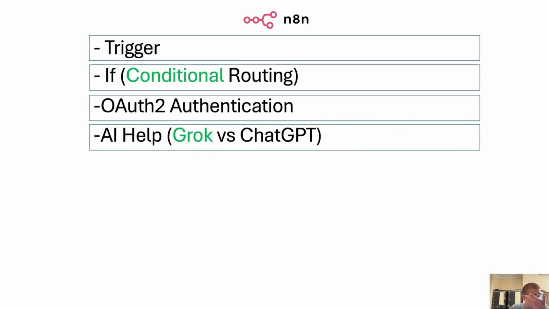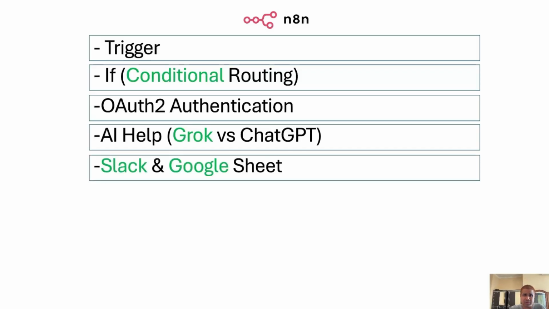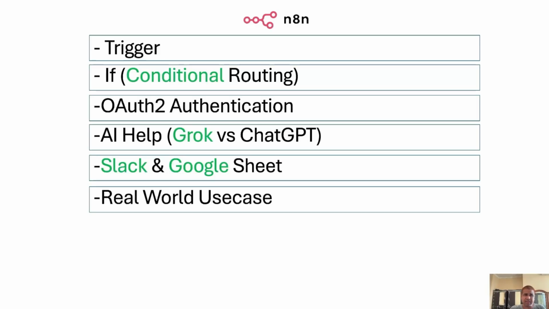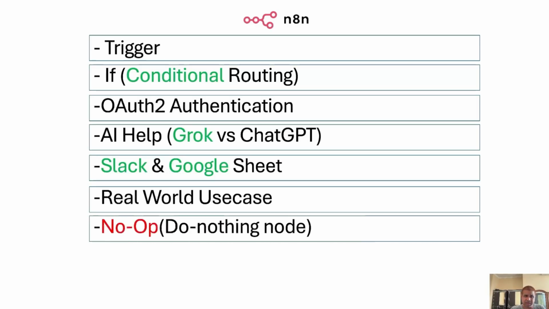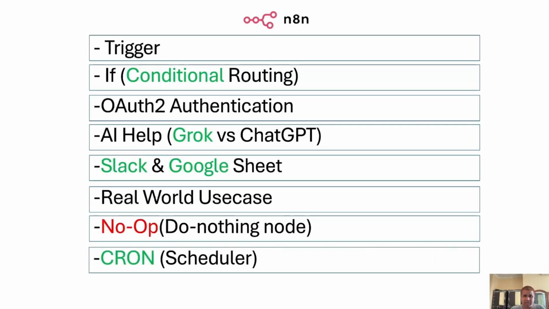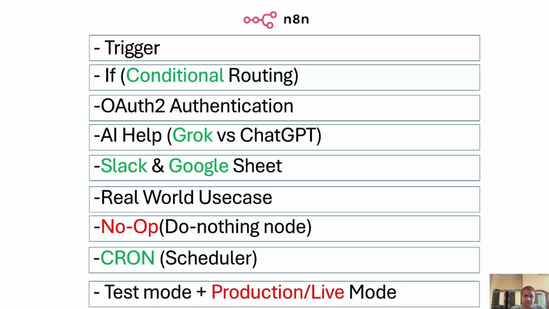Then how to take help of AI, ChatGPT or Grok. Then how to integrate to Slack and Google, we covered that. Then we saw how a real-world use case can be automated using n8n. Then we saw a no-op node which does nothing, and sometimes you need that. And a CRON scheduler which can be scheduled on an hourly basis, daily basis, weekly basis, whatever they want. And we saw test mode and production live mode. Okay, so that's pretty much the thing.